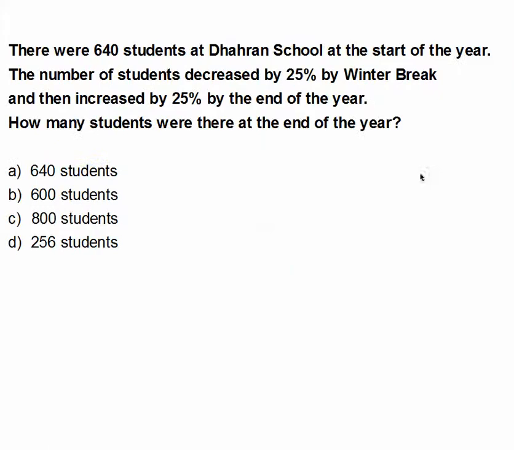Well, let's try another question and see if the patterns are the same. In this case, we have 640 students. The number of students is decreased by 25% and then increased by 25%. So kind of a similar question. We start with a number, in this case 640, and it's going to go down by 25%, which means the number of students at winter break is going to be 75% of the original value, which was 640.